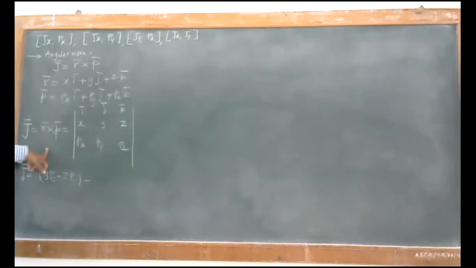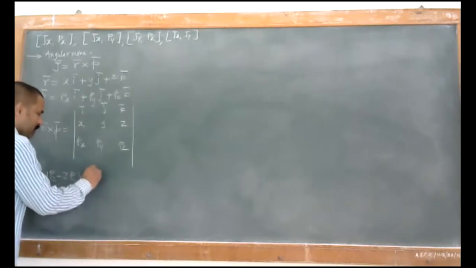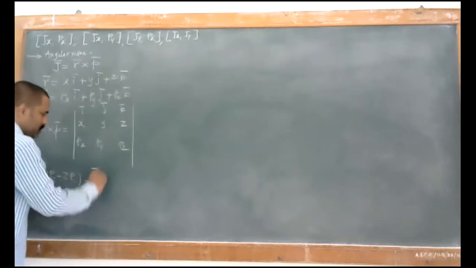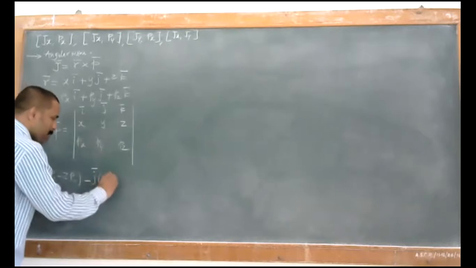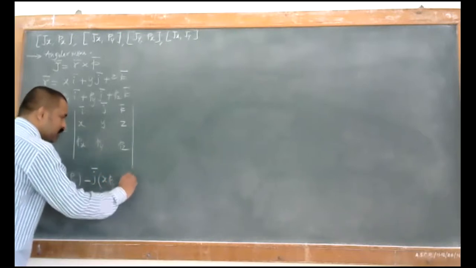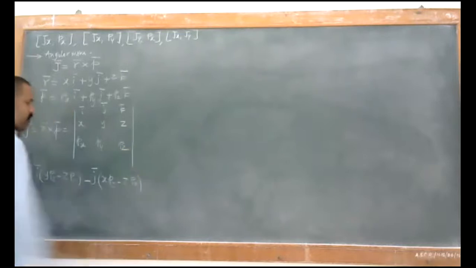The second is minus j times (x pz minus z px).